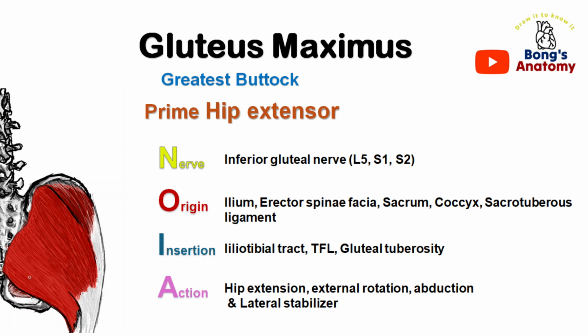It's quite a big muscle, so the origin is quite vast. Ilium, erector spinae fascia, sacrum, coccyx, sacrotuberous ligament, inserts into the iliotibial tract, tensor fascia lata, gluteal tuberosity. Action would be hip extension, external rotation, abduction, and stabilizer of the lateral.